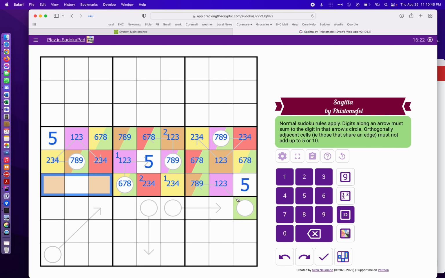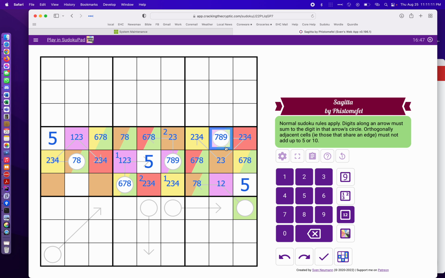So let's go back here. Okay, so high green can't be a 9 because that would make this one higher than 9. So, I mean high orange. So that's not a 9, that's not a 9. That means orange is not a 1. And purple can't be a 3 because that would make this at least 10.